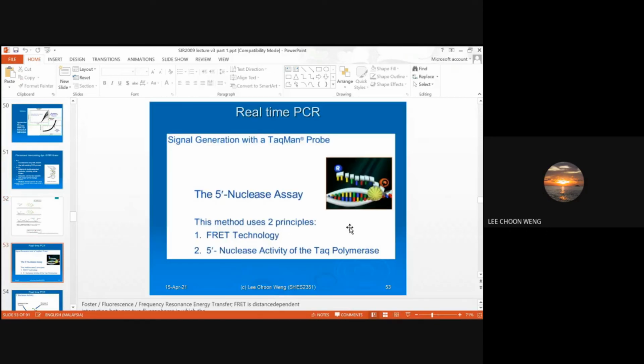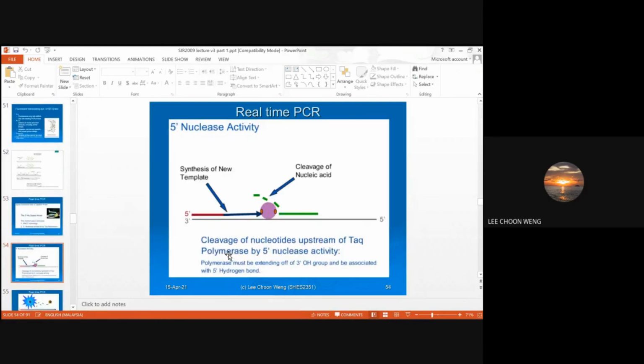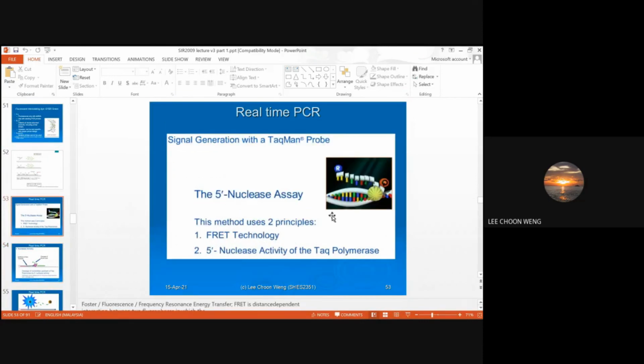Another option is a more specific approach, the TaqMan probe. This one uses FRET technology, or fluorescence resonance energy transfer. For qPCR with a TaqMan probe, you have to first generate a suitable probe.